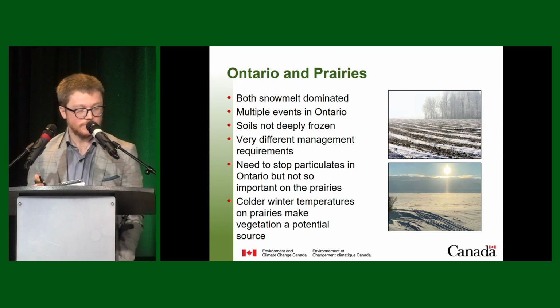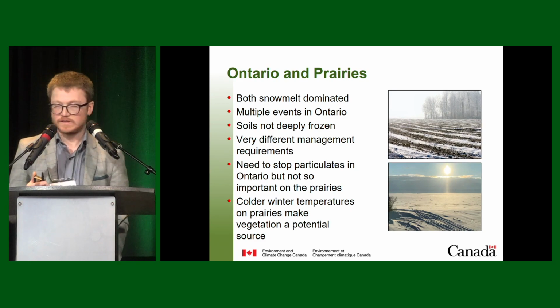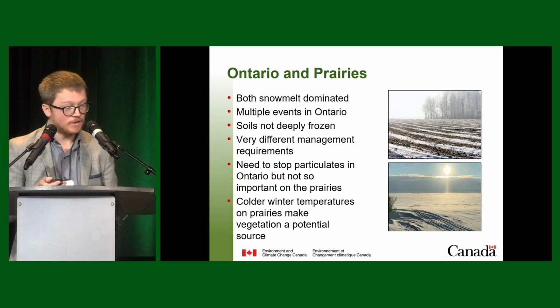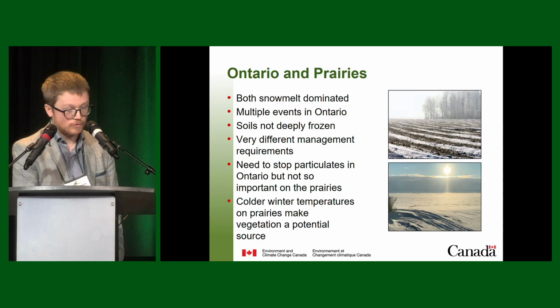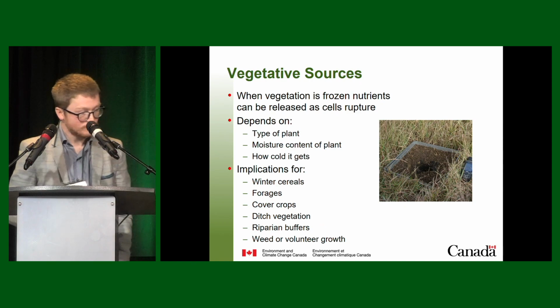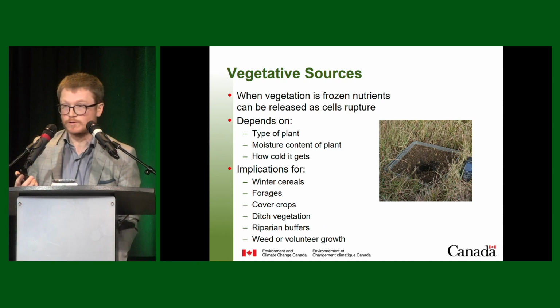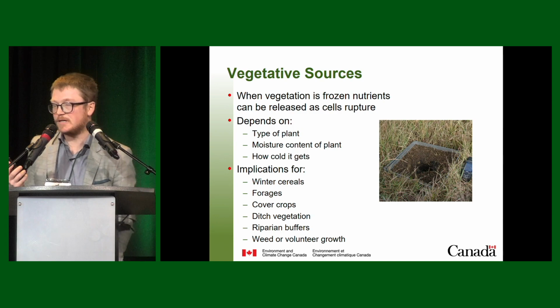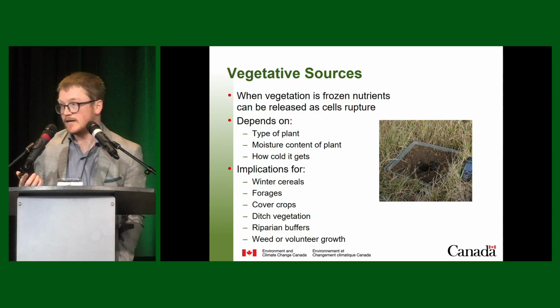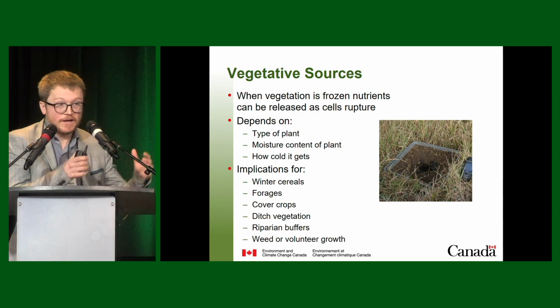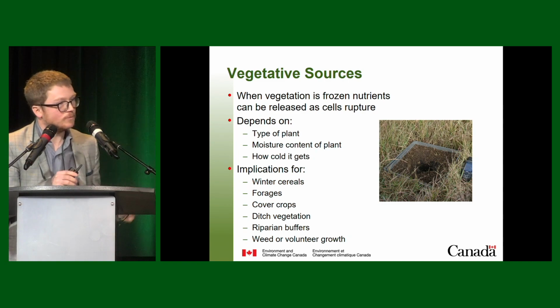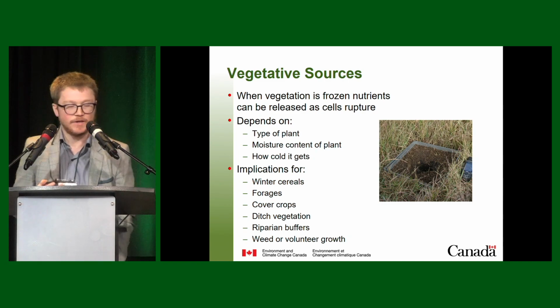And the colder winter temperatures can also result in the vegetation itself being a contributor to the nutrients in the runoff water. So when we think of these vegetative sources, oftentimes the idea behind this may be as a management strategy, maybe to provide a physical barrier to hold that soil in place or to intercept nutrients in the runoff water.